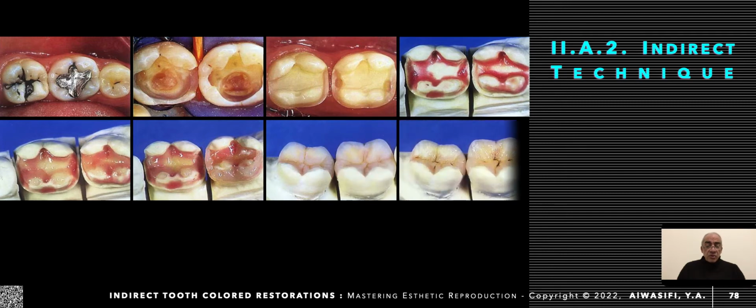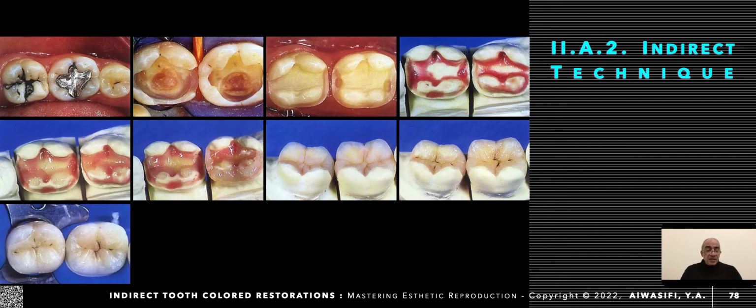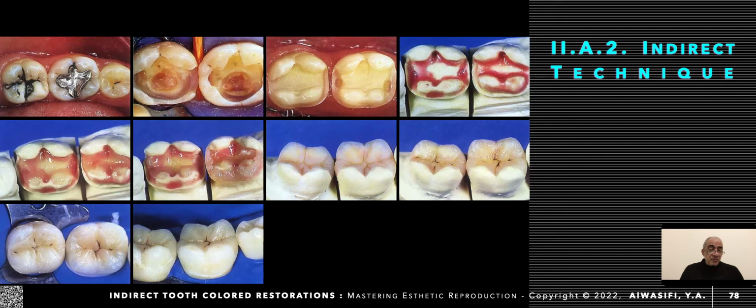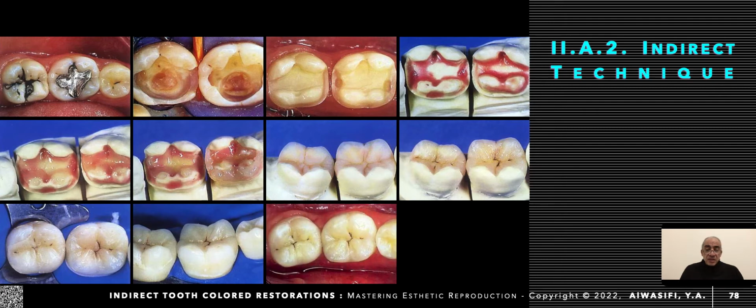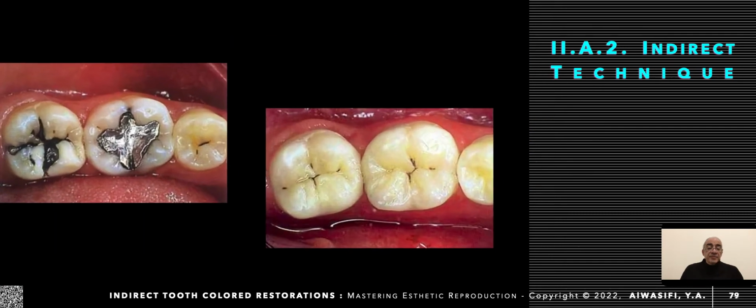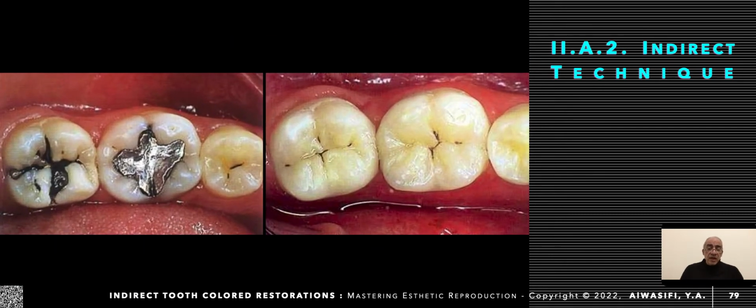And those are the finished restorations after adding characterization and stains within your fissures. And this is the final cemented restoration from the buccal view, after complete removal of your rubber dam, and this is the case before and after.